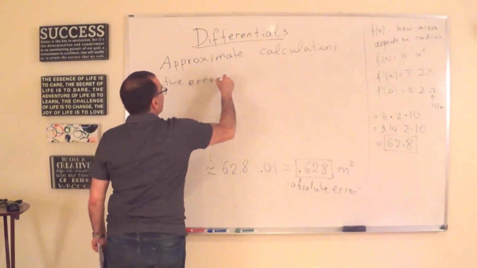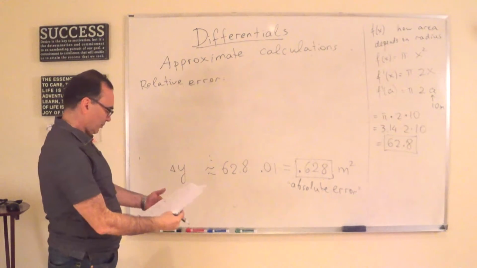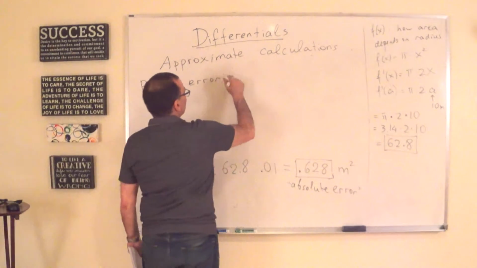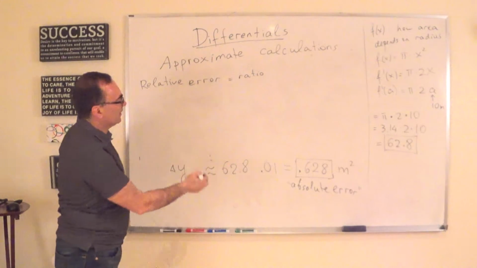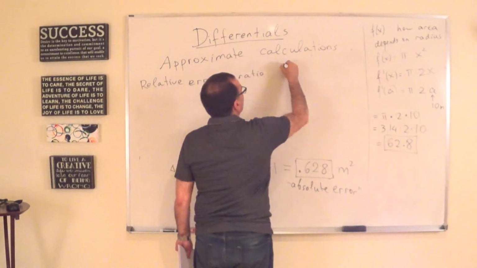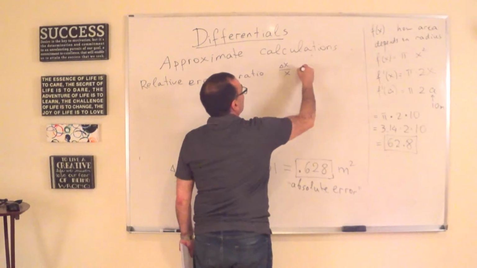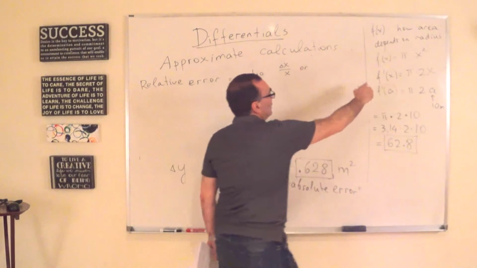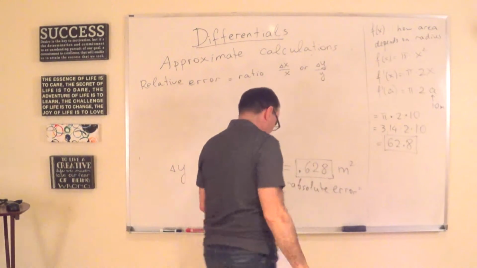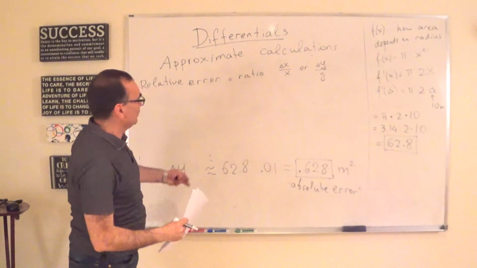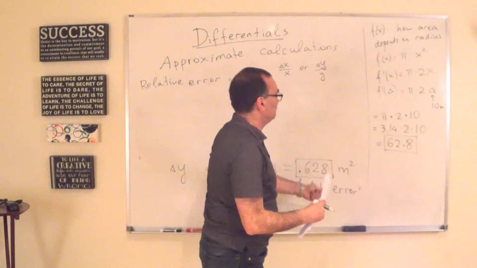Relative error is the ratio. For the radius, it would be delta x over x, or for the area, it will be delta y over y. So let's calculate both relative errors and compare them.